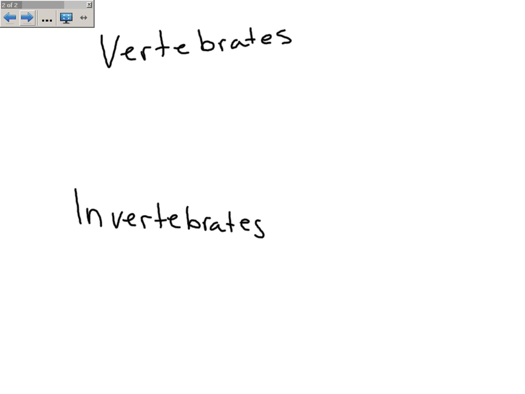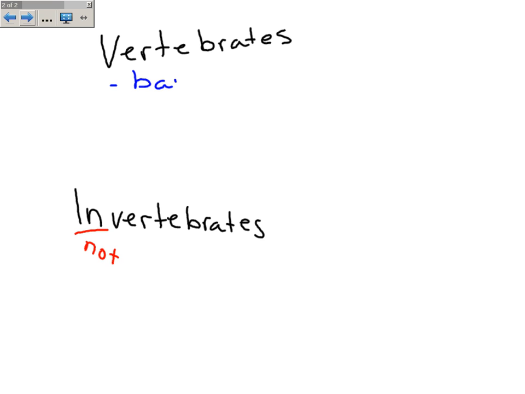Now you may have learned in language arts that the prefix in- means not. So we have this word vertebrate and not vertebrate. Vertebrates and invertebrates. Well, a vertebrate has a backbone.